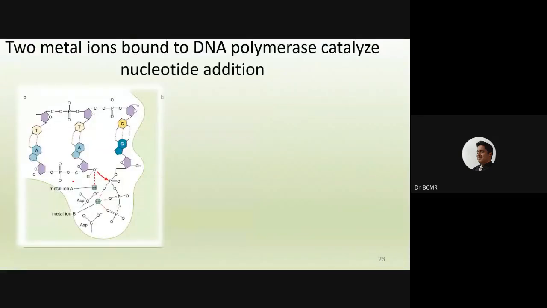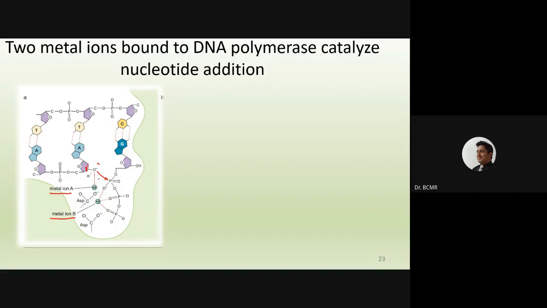Yes, I will take this and stop with that so that I can go for review. There are some concepts that we have learned which might be critical. How does it activate the 3' OH? That's the question here. There are two Mg2+ metal ions, one referred to as metal ion A and the other as metal ion B, present in the active site.